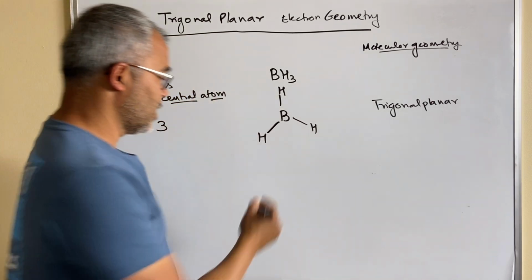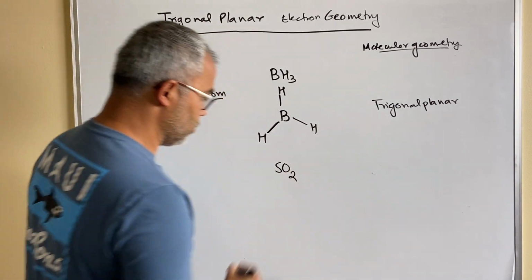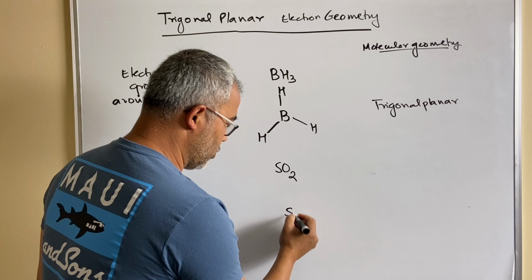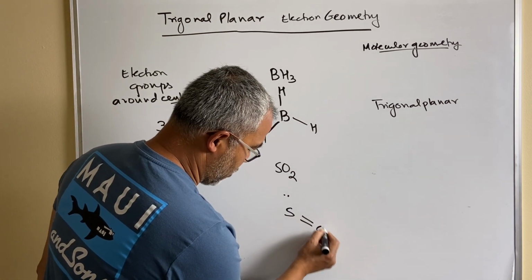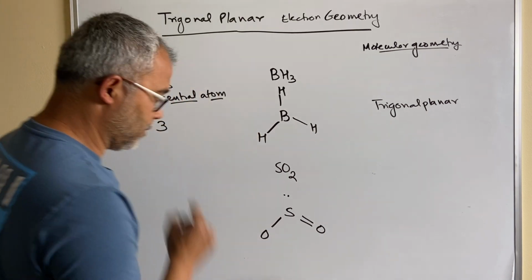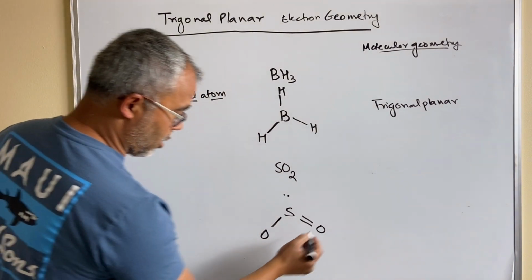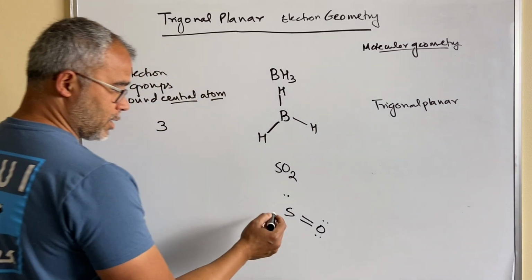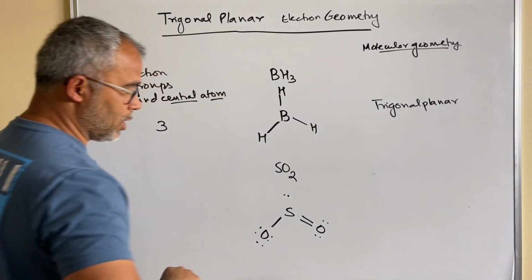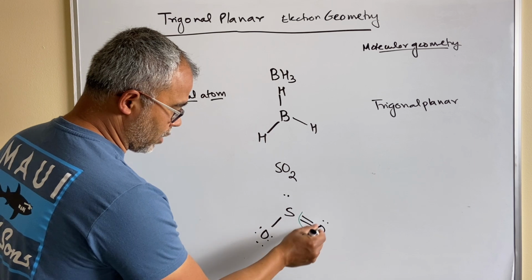Take an example of another molecule, SO2. The Lewis structure of SO2 has a lone pair out here, and then you have a double bonded oxygen on one side and a single bonded oxygen on the other side. Notice carefully, around the central atom, there are 3 electron groups.